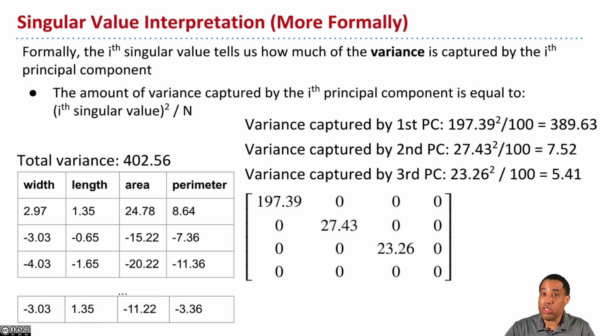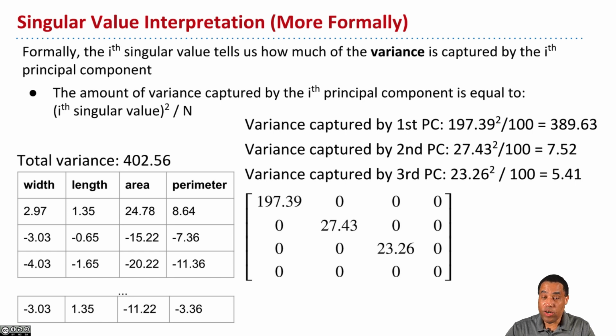Okay, so again, the ith singular value tells us how much of the variance is captured by the ith principal component. And that value is equal to the ith singular value squared over the number of observations. So the variance that's captured by the first principal component is 197.39 squared over 100, or 389.63. The variance that we capture in the second principal component is 27.43 squared over 100 observations, or 7.52.